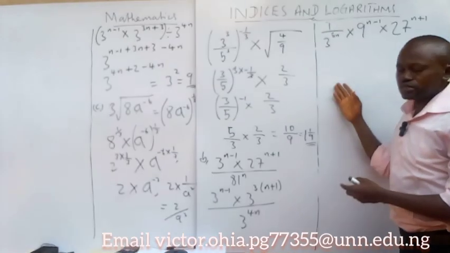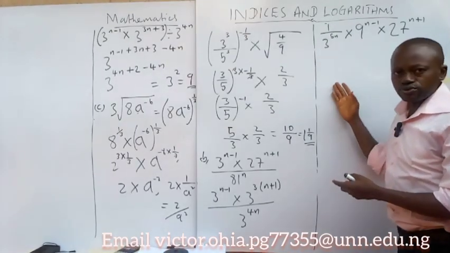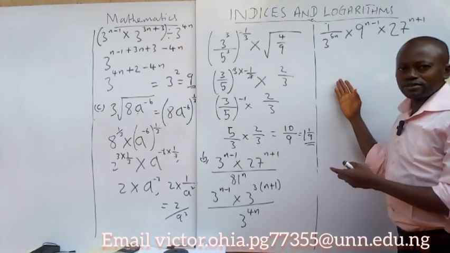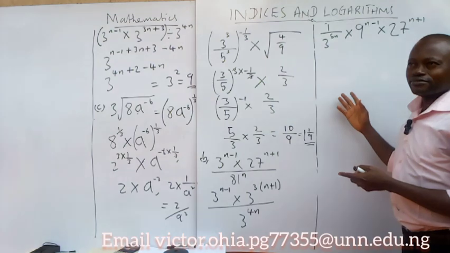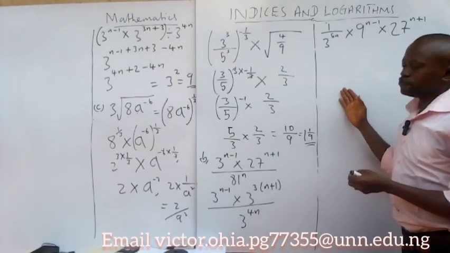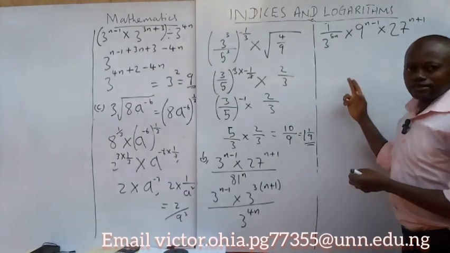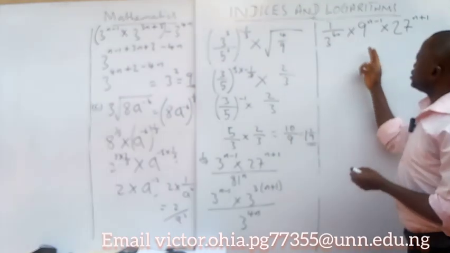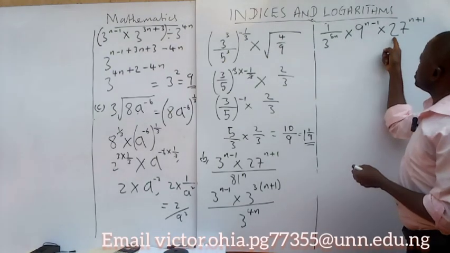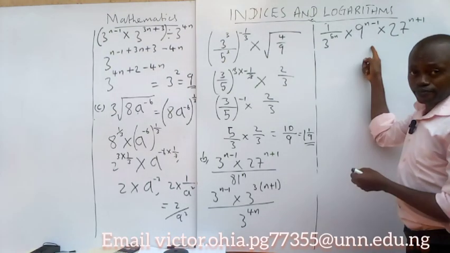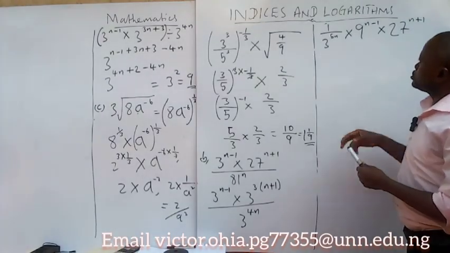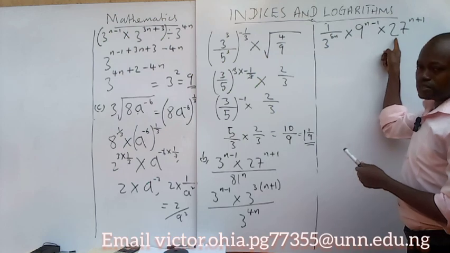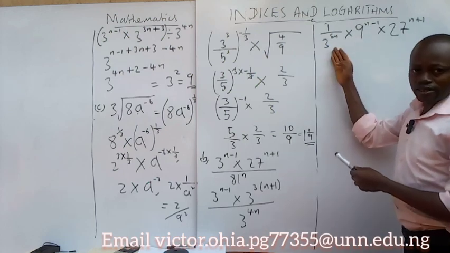Based on what I have been saying before, what we need to do here is we try to change this to their index form, so that this is 9, this is 27, they can have the same index as these three.